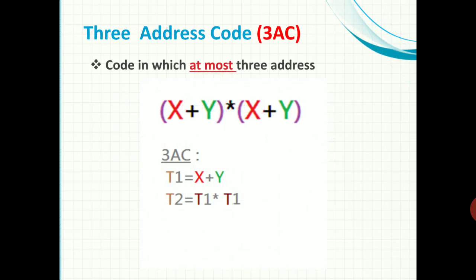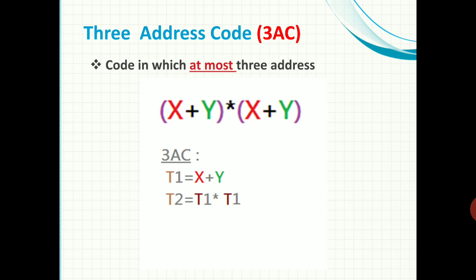The next representation is three-address code. In three-address code, a statement can have at most three addresses. It is one of the representations used to represent intermediate code in programming languages. So it must have code in which at most three addresses are allowed.